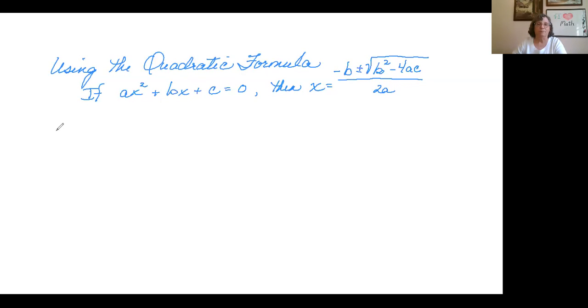For example, suppose we have x squared plus 5x plus 6 equals 0. In this case, because there's not a number in front of the x squared, that is understood to be 1.